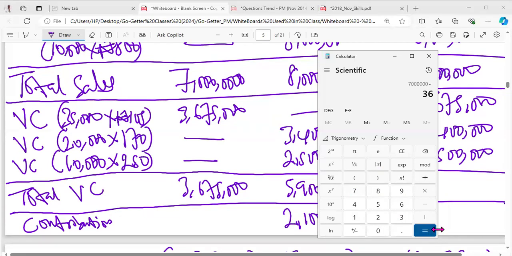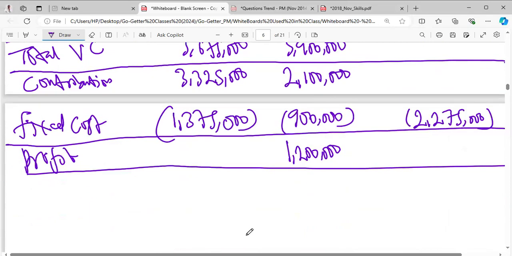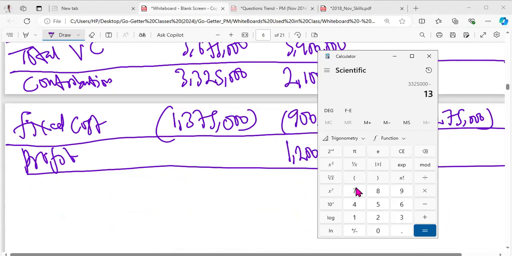That will give me 3,325. I'll now remove my fixed cost of 1,375. I have 1,950, just the same profit we got that time.